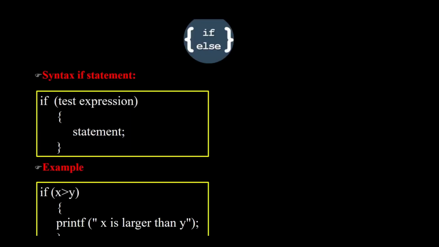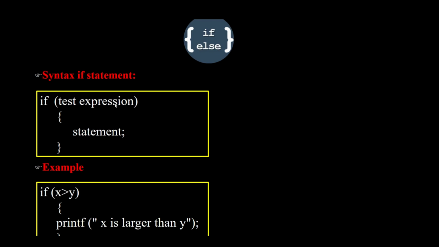So the syntax of the if statement is: we have the keyword if, we open parentheses, we add a test expression, we open the curly braces, we have our statements code, and when we finish, we close the curly braces. So, how does the if statement work? The if statement evaluates the test expression inside the parentheses.